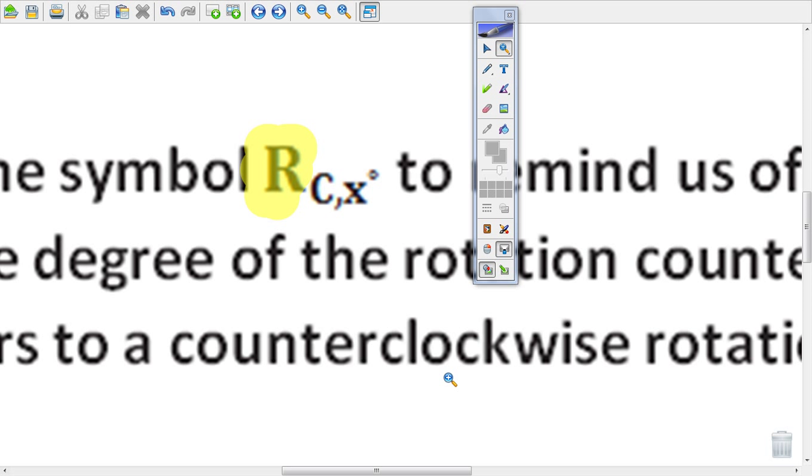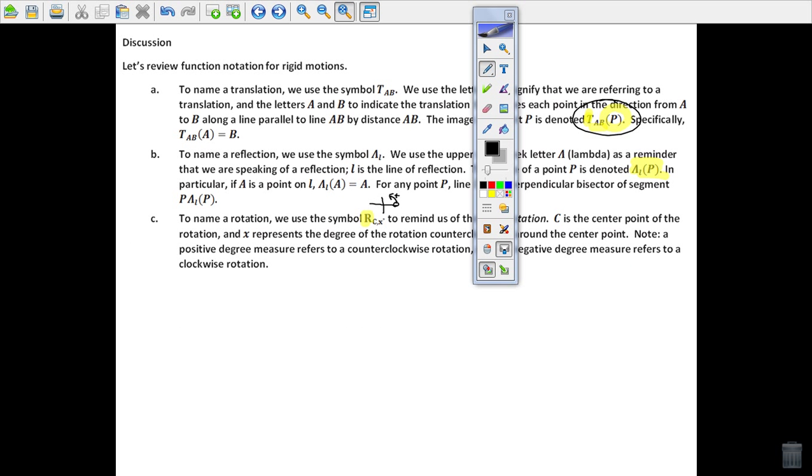Remember, if the X value is positive, it means I'm going counterclockwise. I always start over here at my initial side. If I'm going in the positive direction, then I would be going counterclockwise. That's where things are positive. And if my X value were negative, I would be rotating clockwise that many degrees.